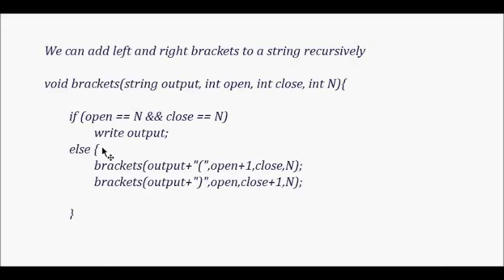So let's see the code. We devise it step by step. The main case is that when we hit the solution, when the number of open braces is n and the number of closed braces is n, then we are ready and we should write the output.